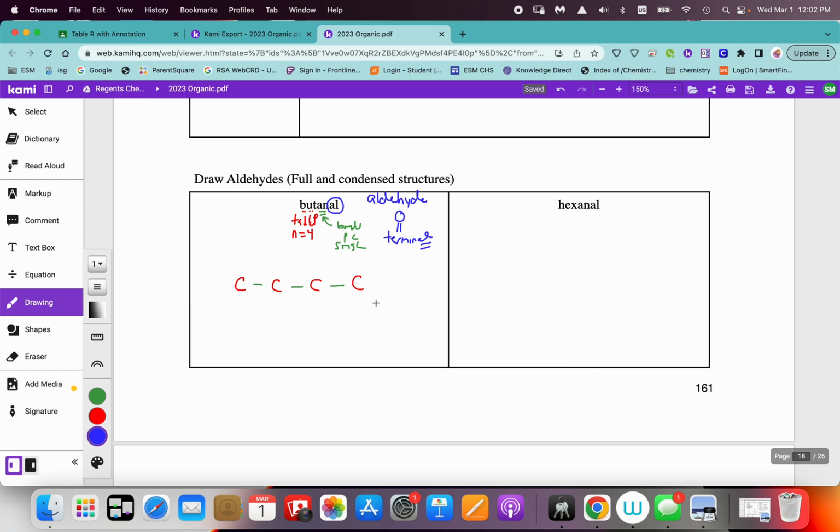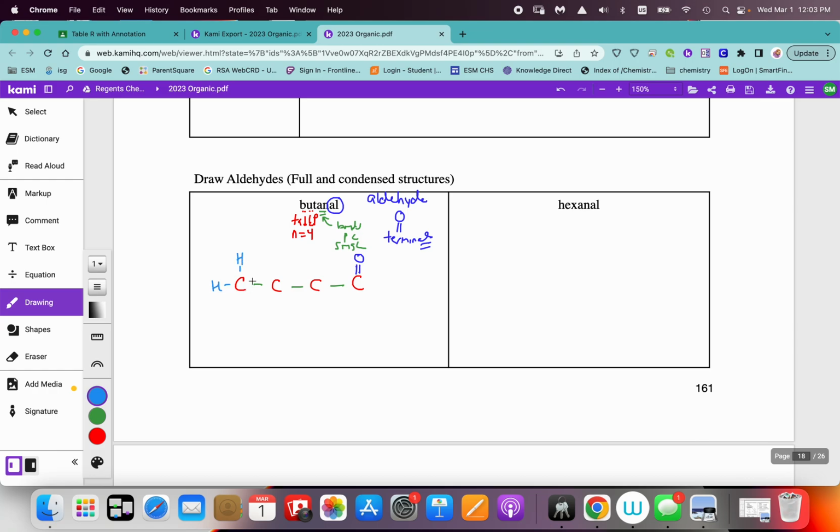I'm just going to say traditionally, like 99% of the time, you're always going to see it on the most right-hand carbon. And so here it is. So now I've placed everything that's in the name into this structure. To finalize it, we need to add hydrogens to fulfill carbon's 4-bond need.